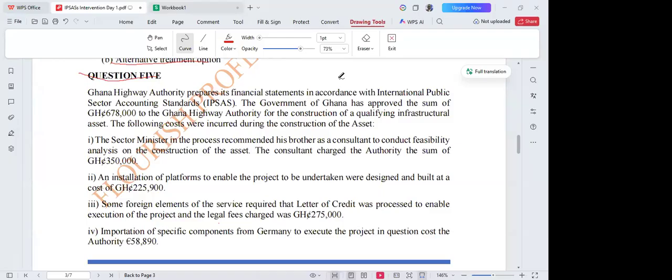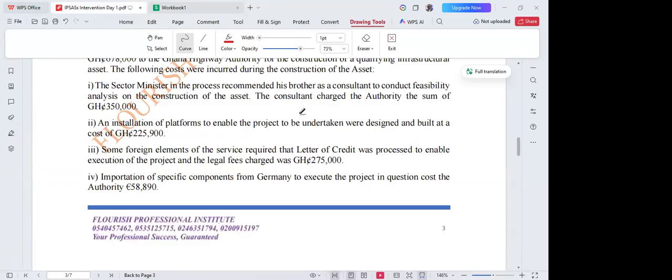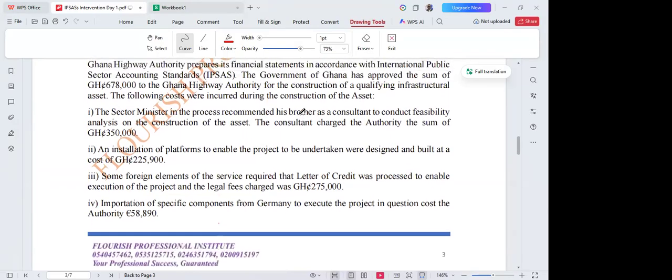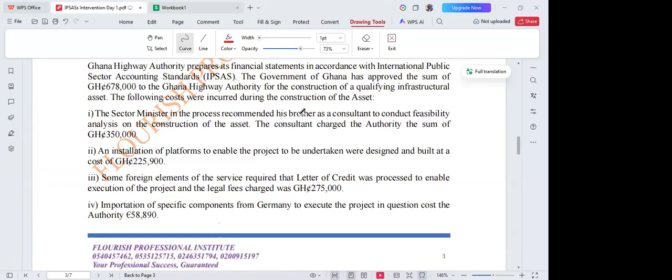II. An installation of platforms to enable the project to be undertaken were designed and built at a cost of 225,900. III. Some foreign elements of the service required that a letter of credit was processed to enable execution of the project, and the legal fees charged was 275,000.